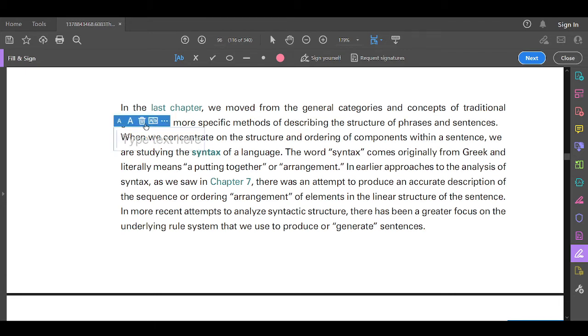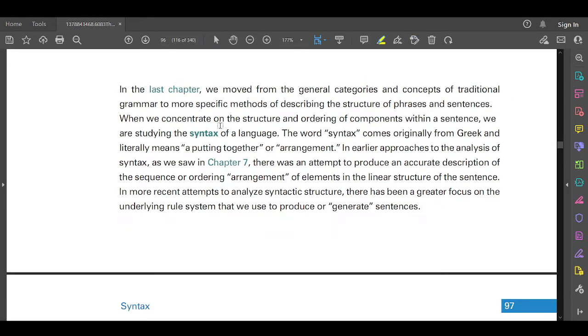So let's highlight this to understand the meaning. When we concentrate on the structure and ordering of components within a sentence, we are studying the syntax of a language. The word syntax means putting together blocks or words in general.